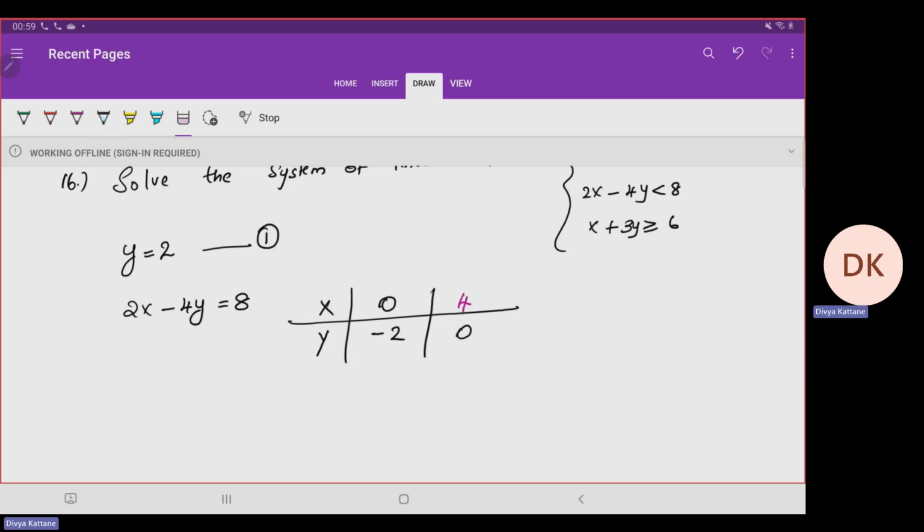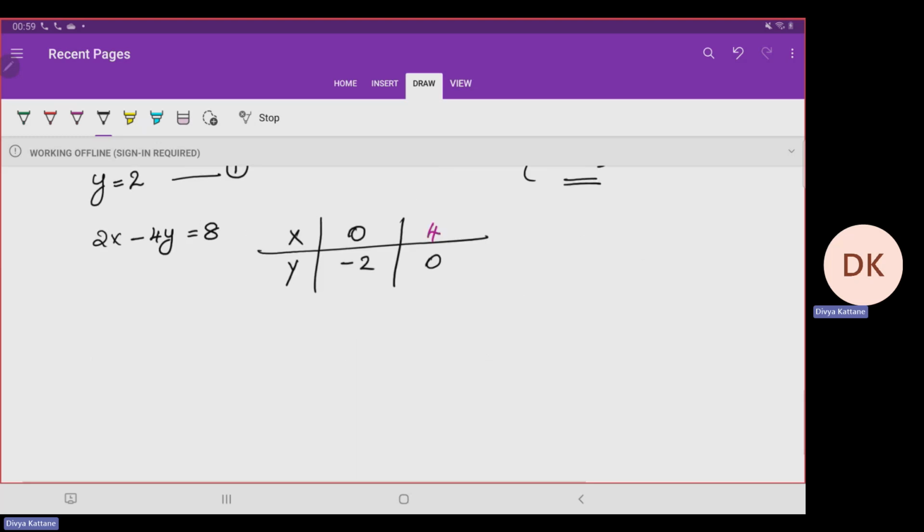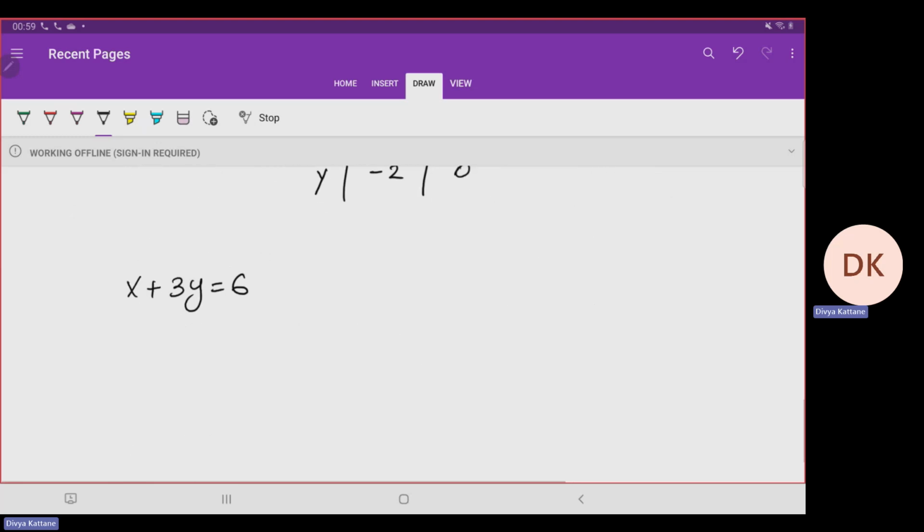Now one more inequality is there, the third one: x plus 3y bigger than or equal to 6. So first draw x plus 3y equal to 6. For that also I need the table for x, y. First put x 0, then put y 0, then connect these two points.